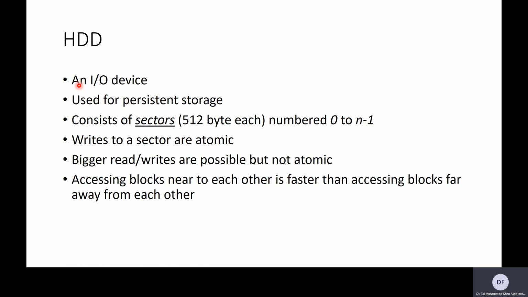A hard disk is an I/O device and it is used for persistent storage. Persistent storage is non-volatile storage. In computers we have two types of storage: volatile, which is temporary storage, and non-volatile storage. The hard disk is one example of non-volatile storage, which we also call persistent storage.